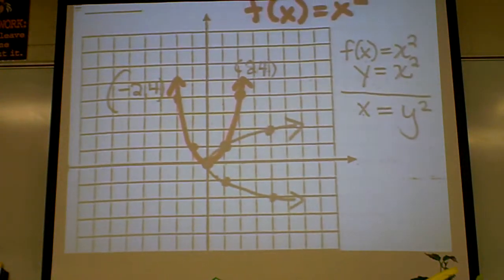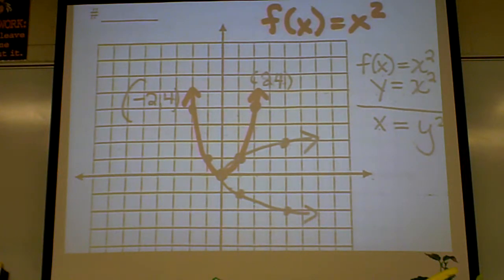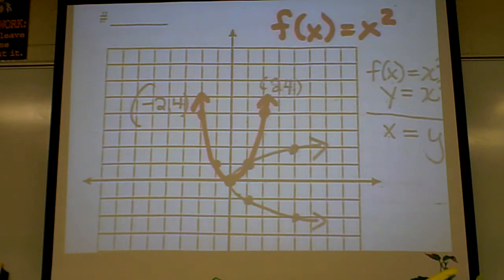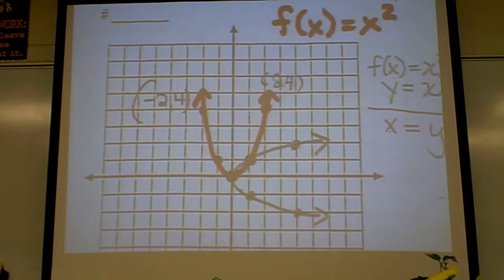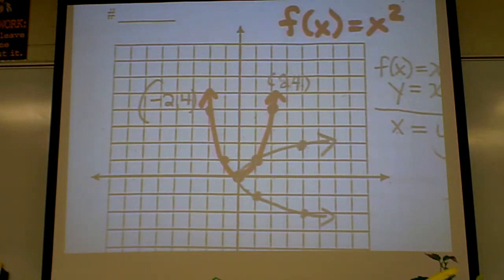So do you remember when we did symmetry problems and it said, take this equation and rewrite it, do it algebraically, make it symmetrical to the x-axis? Do you remember what you did in section 3.4a?